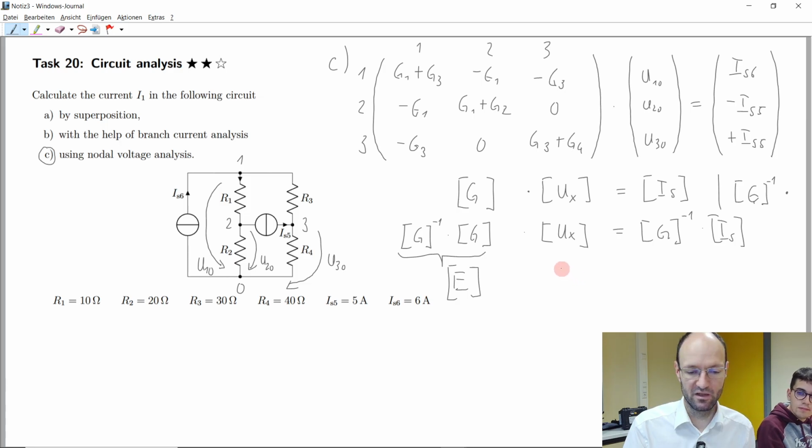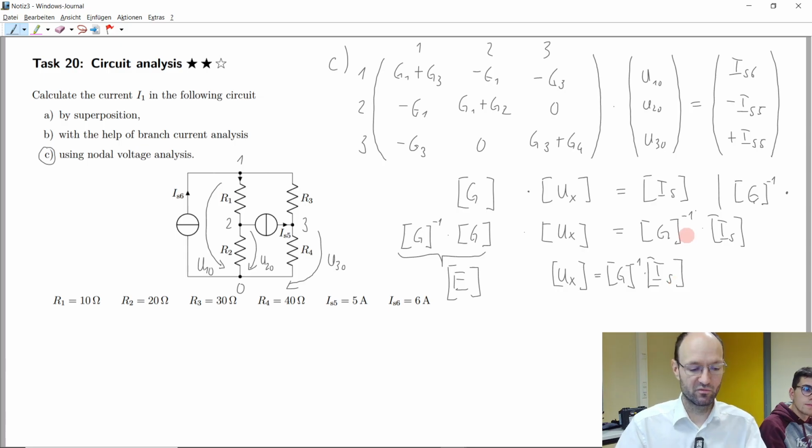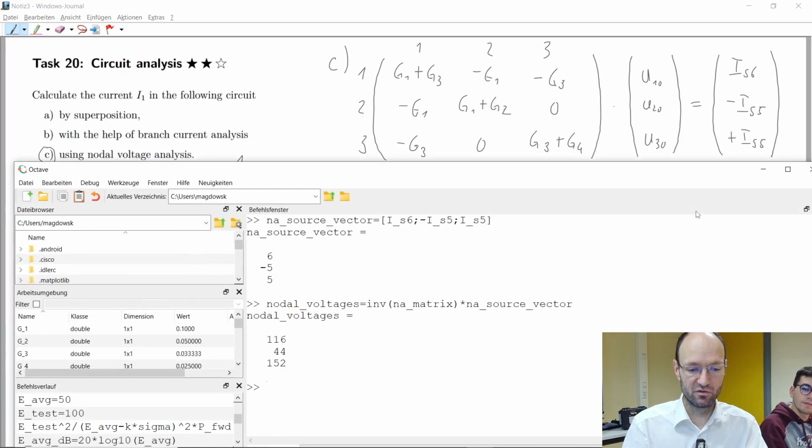And so therefore we end up with this unknown vector that we would like to have being the inverse of this matrix multiplied with our source vector. And this is what I've just inserted into Octave here.